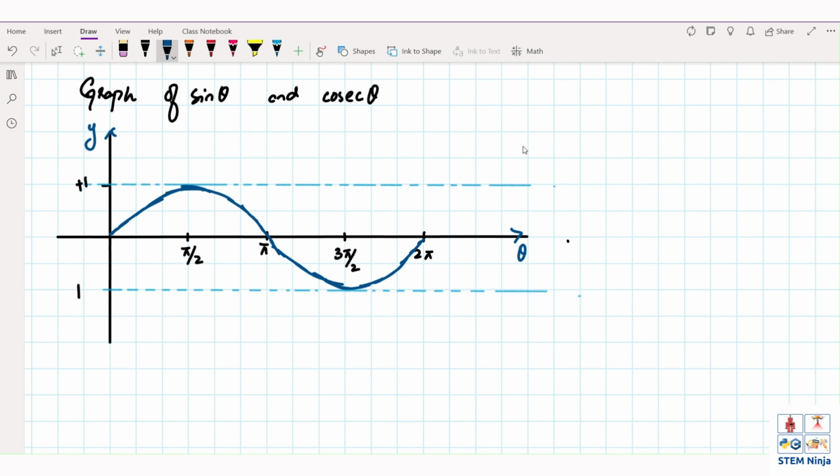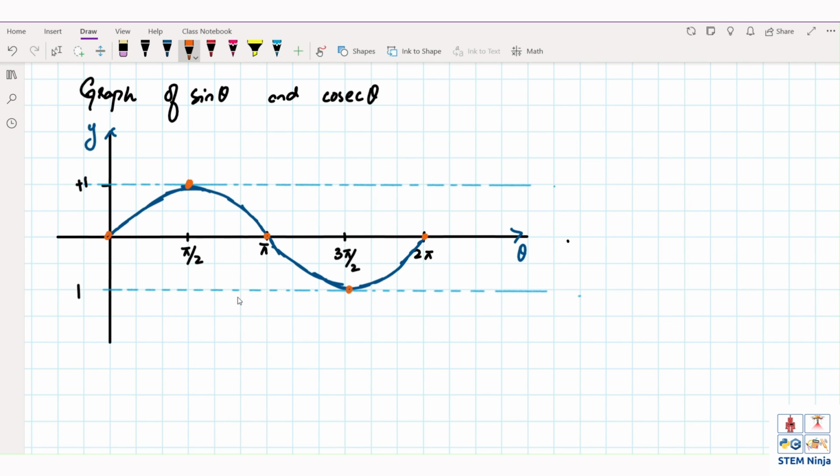So the nature of the reciprocals is that whenever we have these points, so these points are important for us. So the value at 0, pi by 2, pi, they are going to give us a clue about what the value of cosecant would be, sorry, my bad.